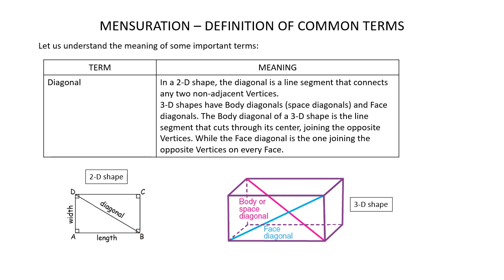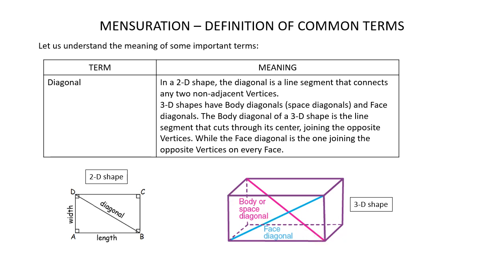Now if we consider this vertex, then this would be the opposite vertex of this face. So a line joining these two opposite vertices of this face would be another diagonal. So for this face of a cuboid, there will be two diagonals, 1 and 2.